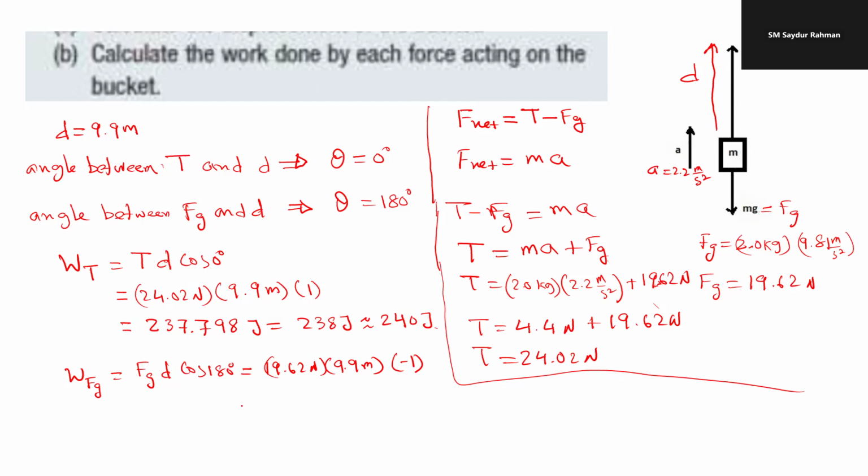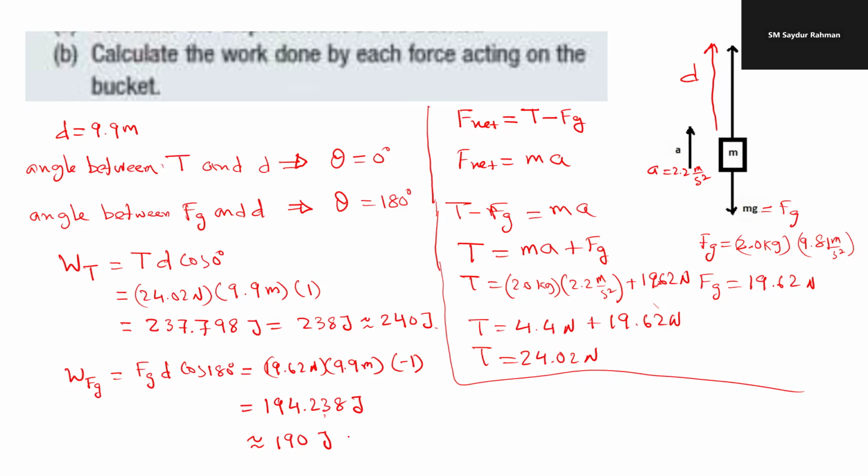Please check that. This gives me negative 19.62 times 9.9, which is 194.238 joules. For the sake of two significant figures, we can say that this is 190 joules.